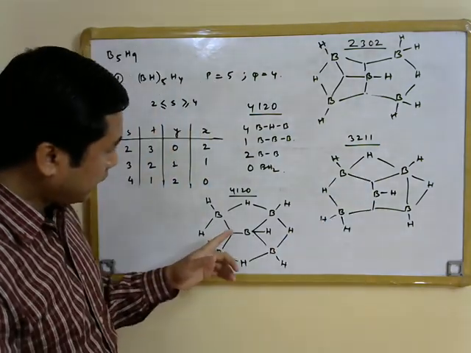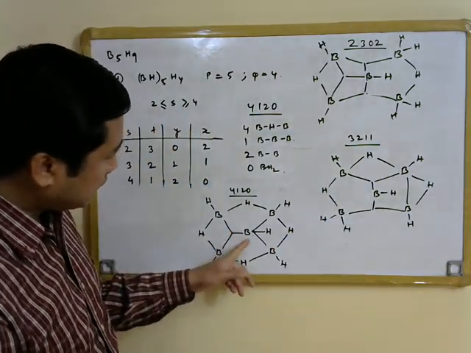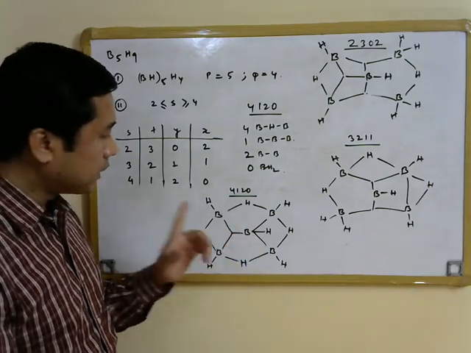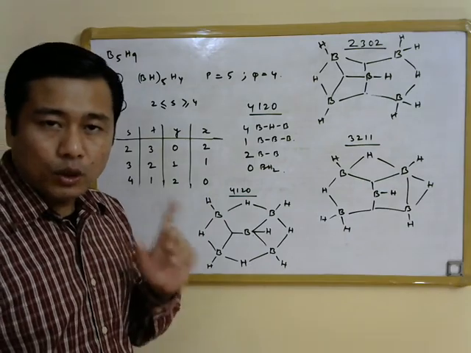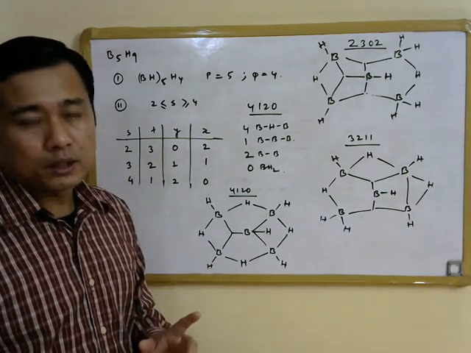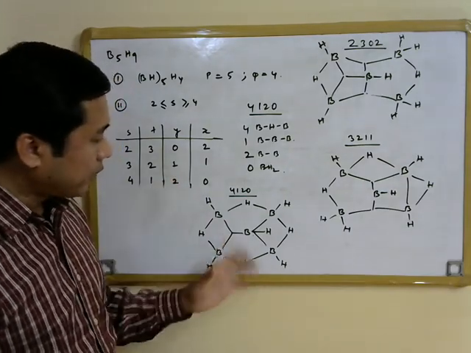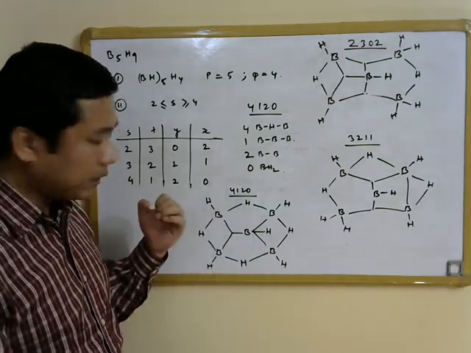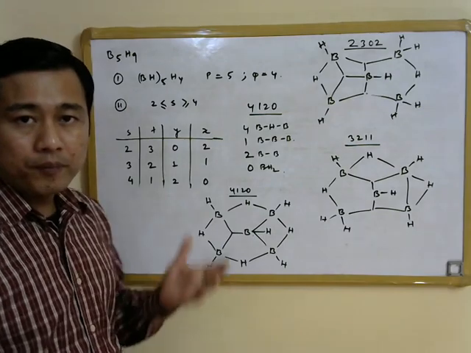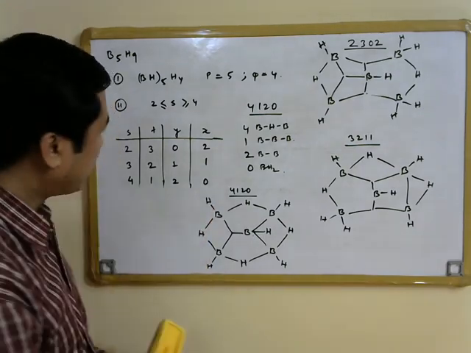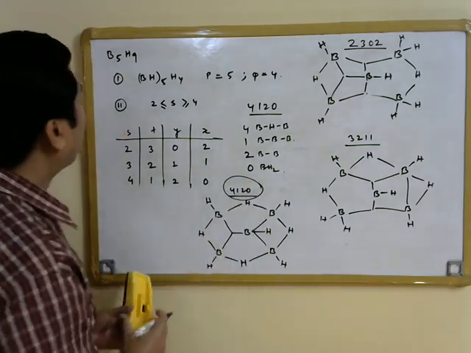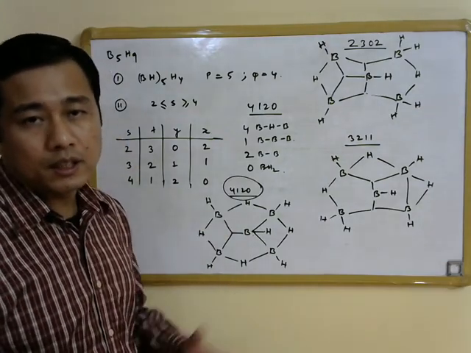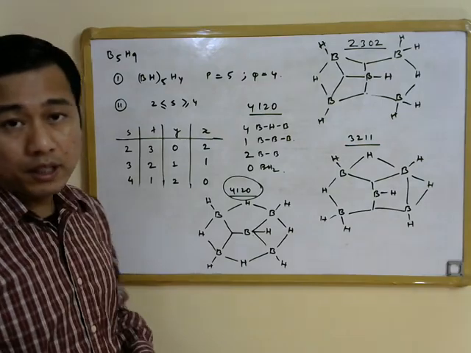Only in this particular case, the central boron atom, which is surrounded by 4 boron centers, is participating in only one 3 center 2 electron linkage, and that is why this structure is more probable and is predicted by using the empirical laws. This is the correct structure for B5H9 that we can say from the Styx code by using the empirical laws.